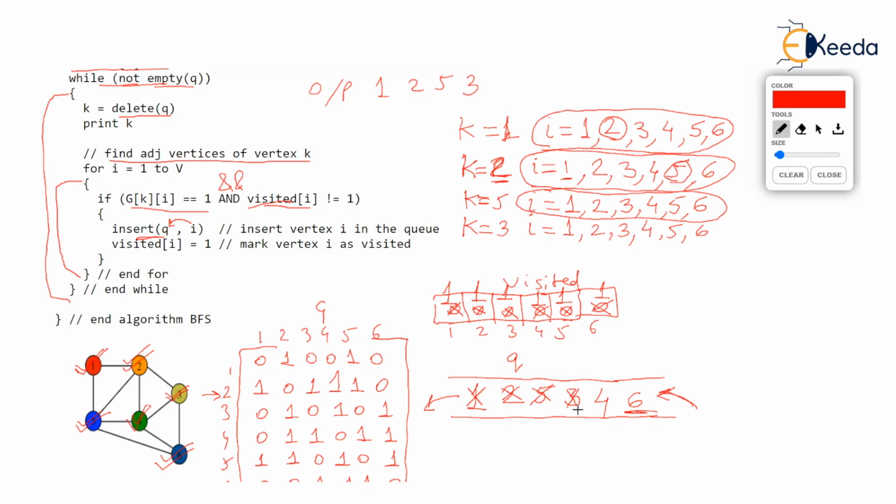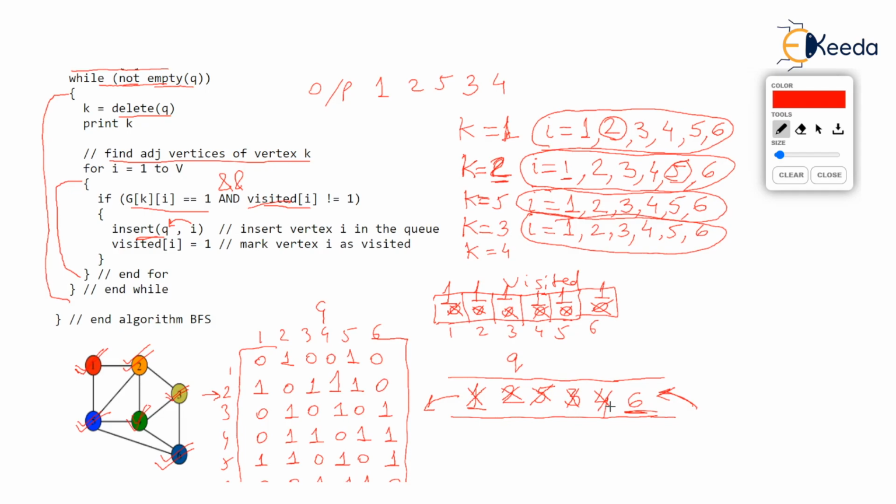By the way, the for k equal to 3 is over. By the way, 3 was such a vertex which did not put anything new in the queue, isn't it? Interesting. So the for is over and we will go back to while. While will repeat because queue is not empty. So 4 will get deleted and now k will become 4. So what happens when k is 4? We will print 4. That's the next line in the while loop, isn't it?